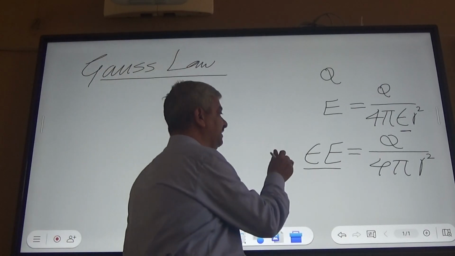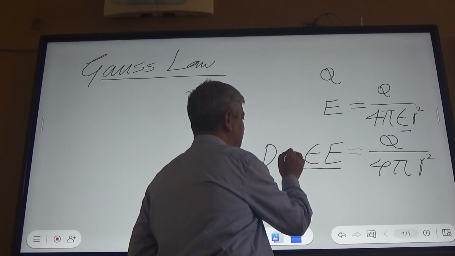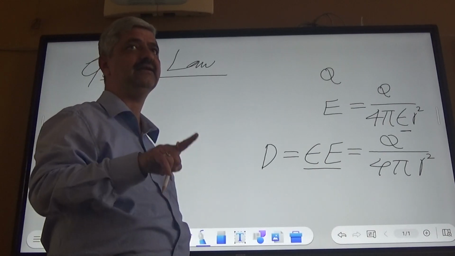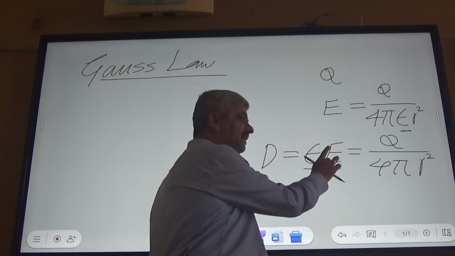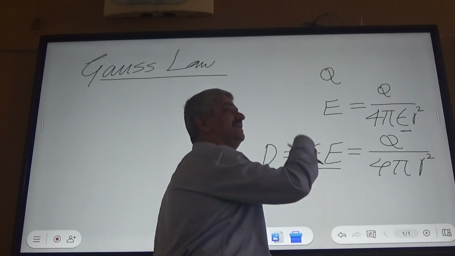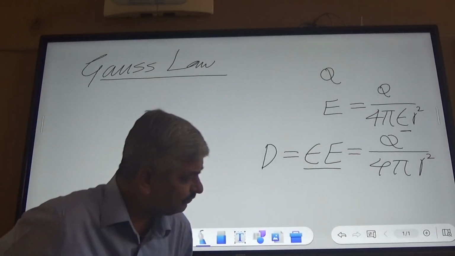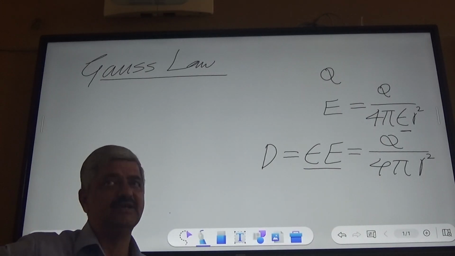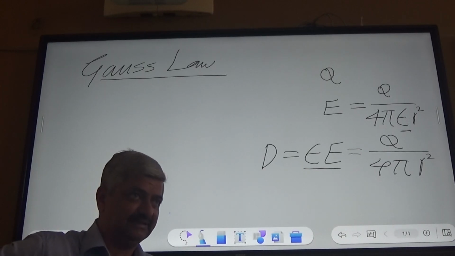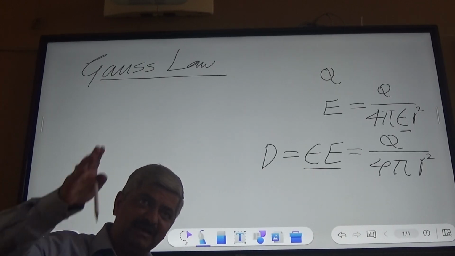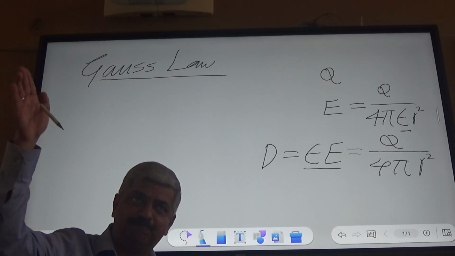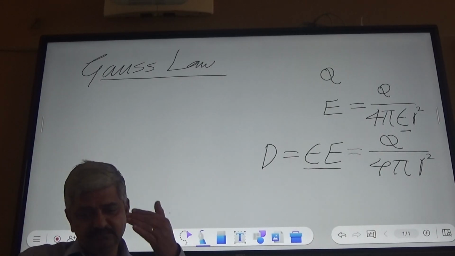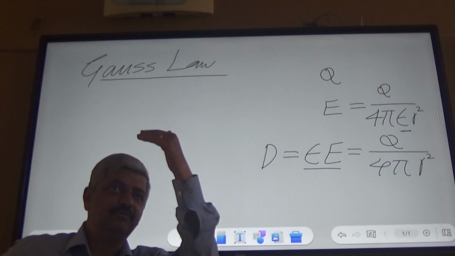So this epsilon E is named as D, and it is called electric flux density. D is called electric flux density, and E is electric field intensity. The more classical abbreviation is electric field intensity, E, and when it is multiplied by epsilon, it is electric flux density, D. Is it clear?